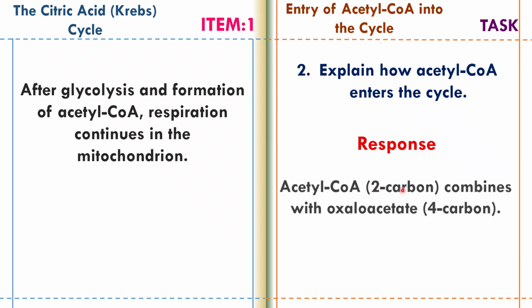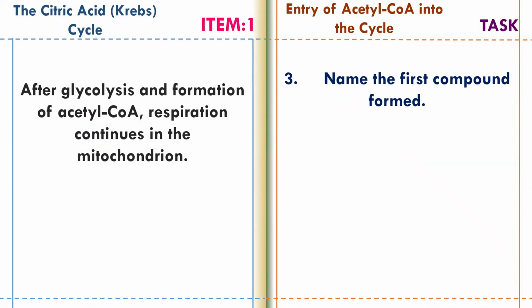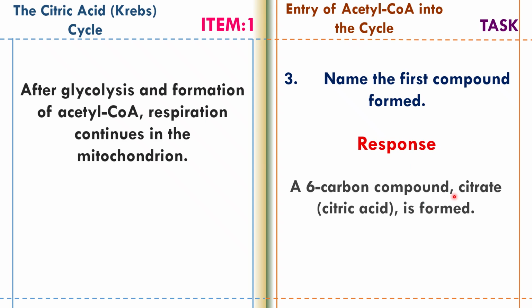Acetyl-CoA, a 2-carbon compound, combines with oxaloacetate, a 4-carbon compound. Name the first compound formed. A 6-carbon compound, citrate, citric acid, is formed.